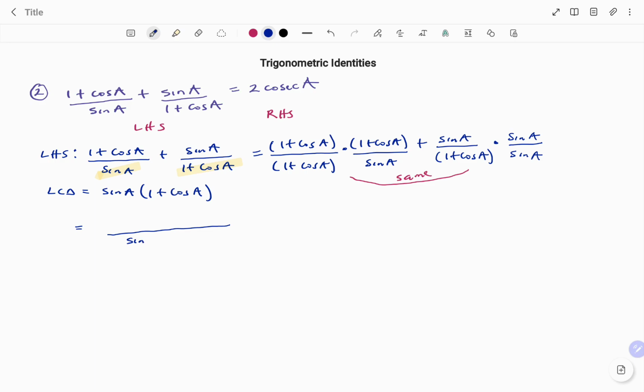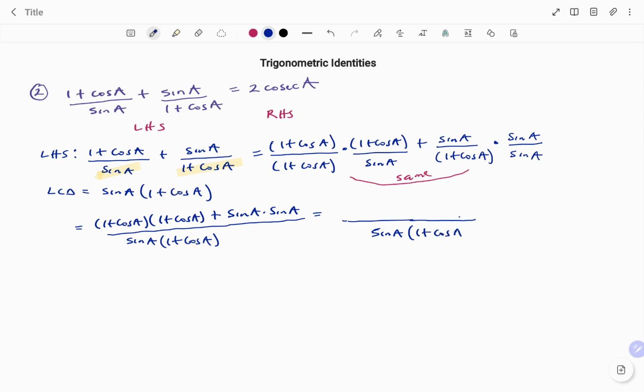That's sine A multiplying 1 plus cos A. At the top I have 1 plus cos A multiplying 1 plus cos A plus sine A squared, or sine A multiplying sine A. If I simplify, I still have the same denominator, which is sine A multiplying 1 plus cos A.